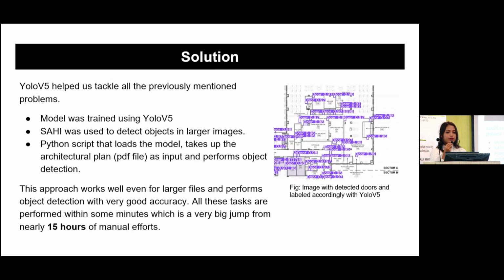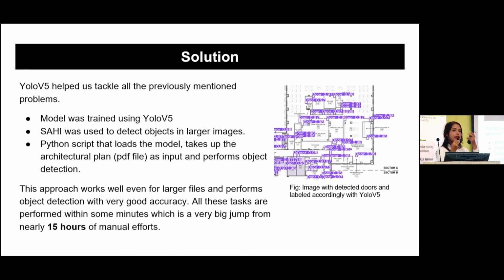And then we used SAHI. SAHI is a Python library. In 2D architectural plans, the images are very big. We get the 2D architectural plan in a PDF, and we cannot detect objects in a PDF directly.